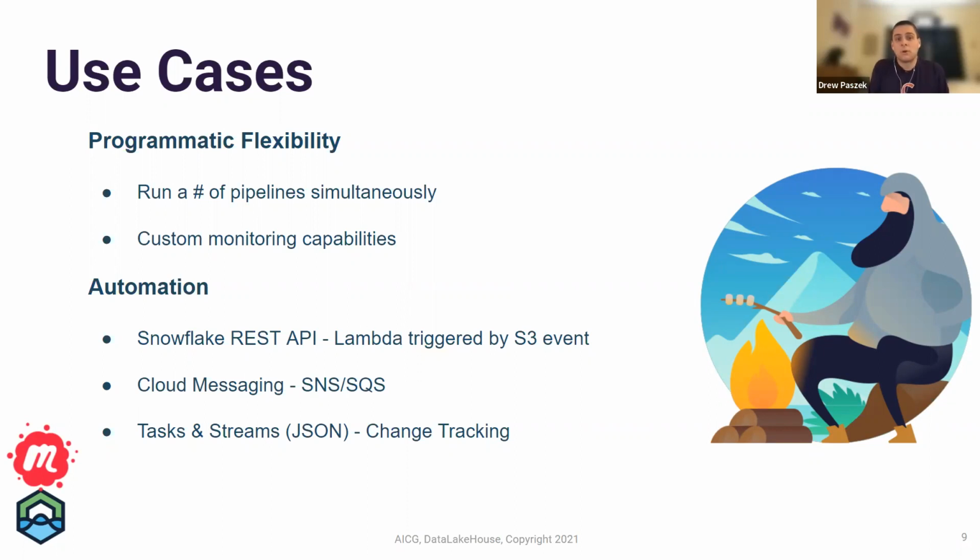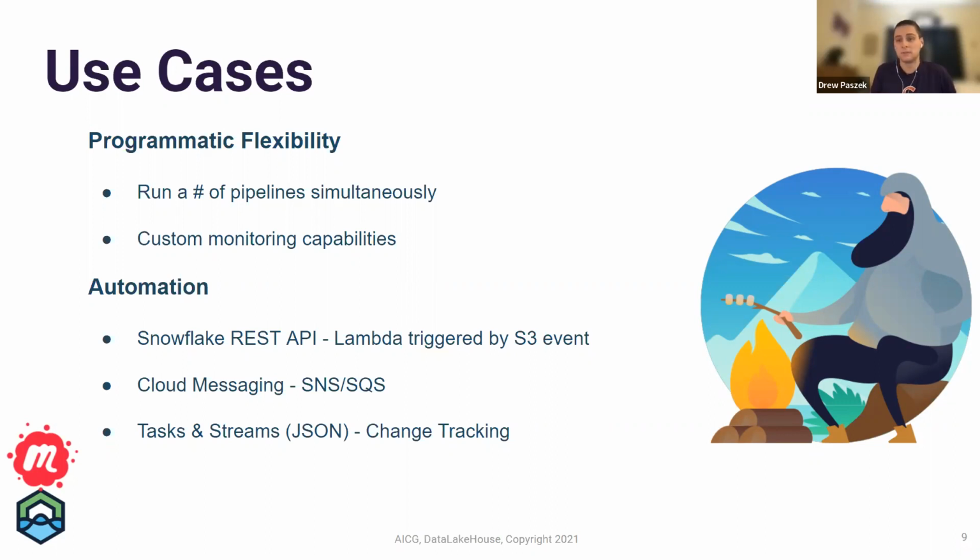The whole process, as I've alluded to, is automated. So it's getting away from manually running a copy statement, and you can do this through the Snowflake REST API. And this is actually what we're going to walk through today, having a Lambda triggered by an S3 event, or having that data file dropped into S3.